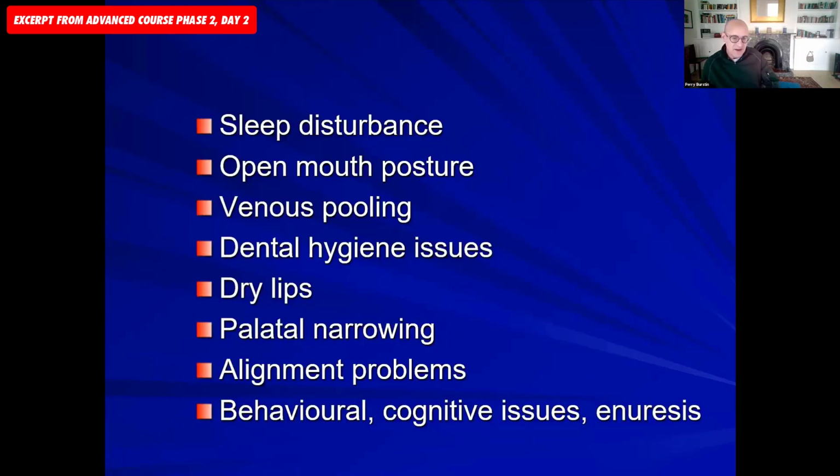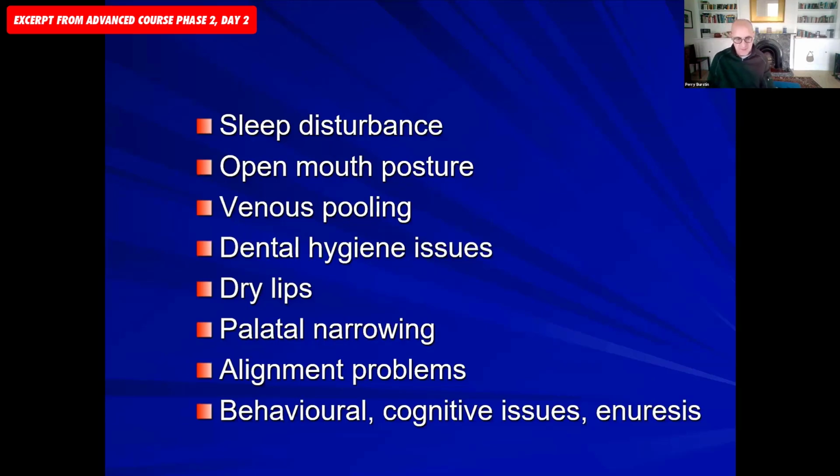So what's the problem here? We've got sleep disturbance, we've got an open mouth posture, we've got venous pooling, we've got obvious dental hygiene issues. And from my perspective, in my limited knowledge about the teeth and the mouth, the teeth is the only part of the human body that gets its immunity not from blood, but from saliva.